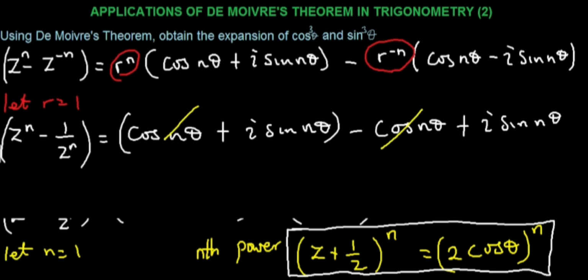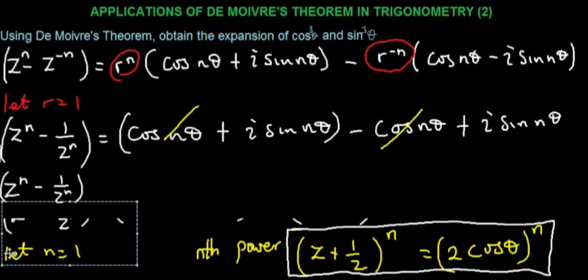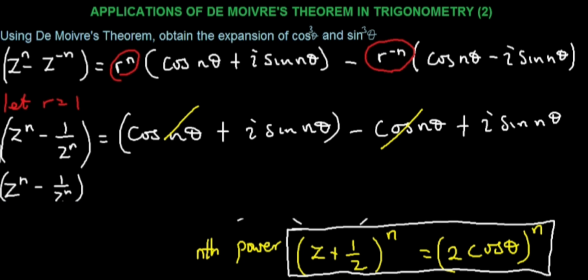So in terms of sine, z to the power n minus 1 over z raised to the power n will be, if I add these together, 2i sin n theta.